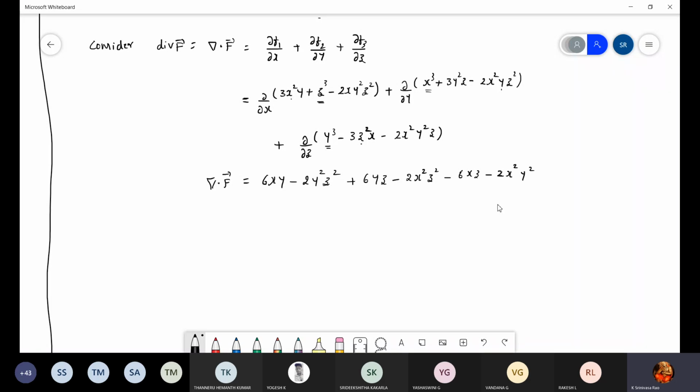Now the point is given, at x equals 1, y equals 2 and z equals 3. Substitute and tell me the answer.